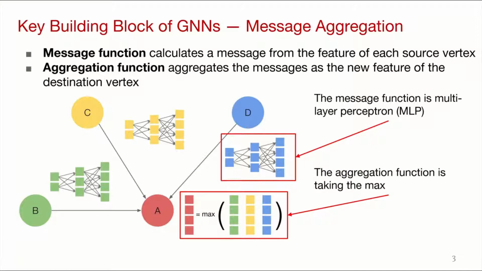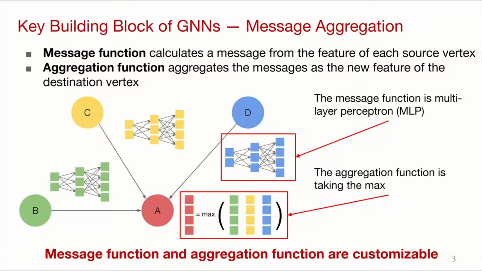Then we aggregate the messages by taking the max of them. We use the aggregated message as a new feature of vertex A. Note that both the message function and the aggregation function are customizable. Different GNN models use different message functions and aggregation functions.